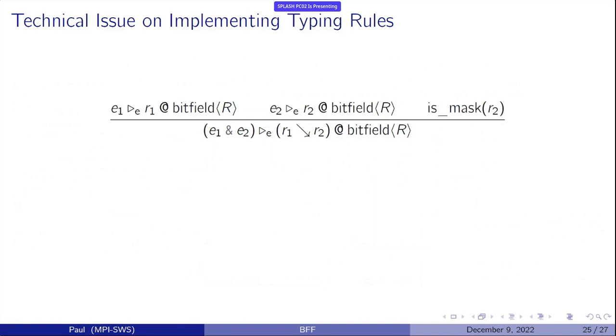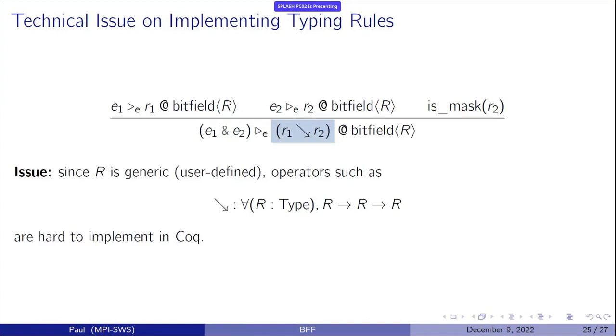And if you want to directly implement this typing rule in Coq, you will find a problem, which is that if you want to compute the masking result between R1 and R2, you have to define some operation that is generic to R. Since this R is user-defined, we find it really hard to implement in Coq because we don't know how to compute a record without knowing its structure.